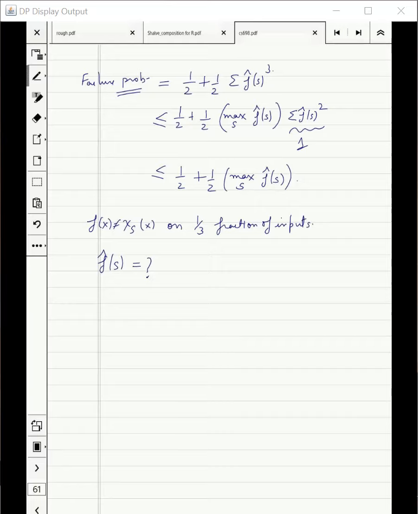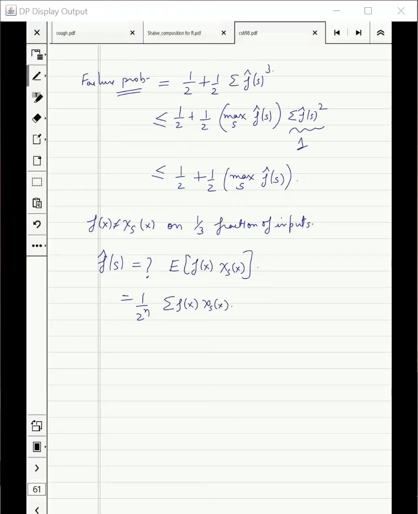It would be maximum 1/3. Why? Because we can write f hat s as the inner product of f and chi s, so it will be 1/2 power n summation over x of f x times chi s x, and when they agree it gives a 1, and when they disagree it gives a -1. So they're disagreeing on at least 1/3 inputs. So there are about 2/3 ones and 1/3 -1s.